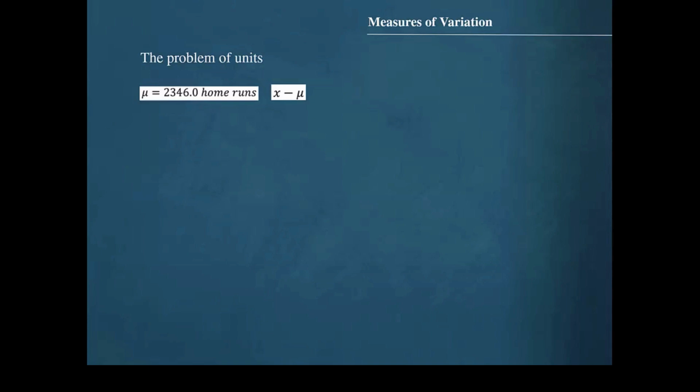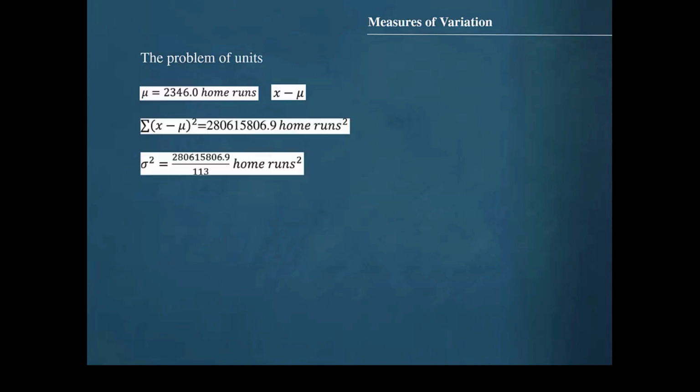But during the process, we squared those deviations and found the mean for the squared deviations. So that means the units for the variance would be the square of the units for the mean. The problem then is that we can't compare our measure of variation to the individual data values.